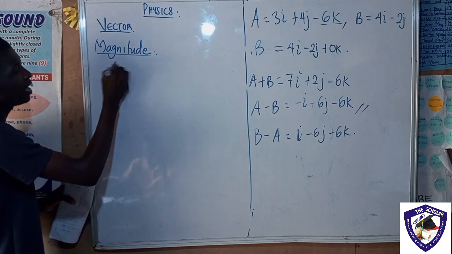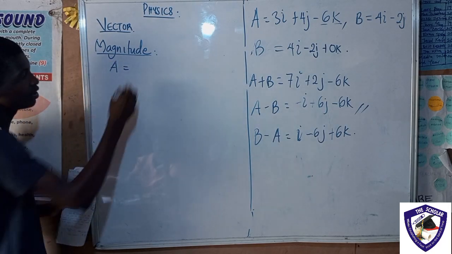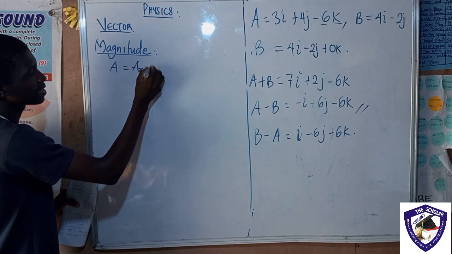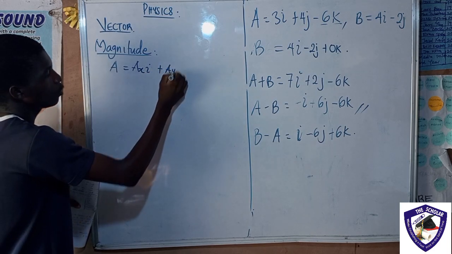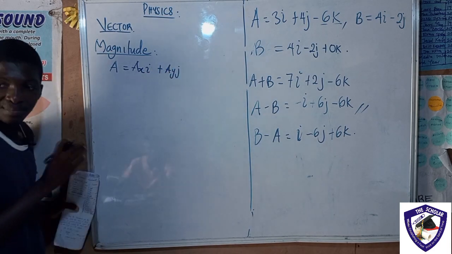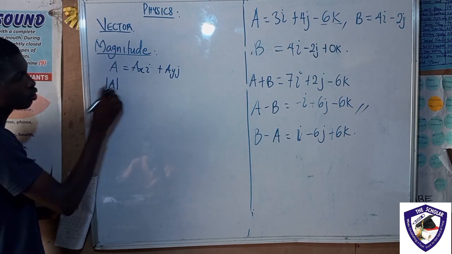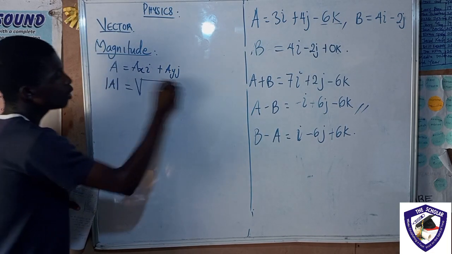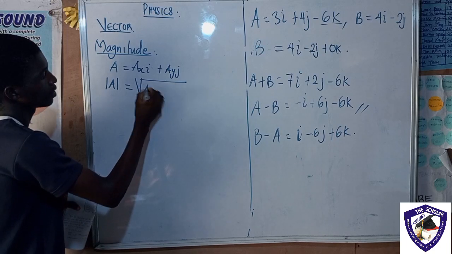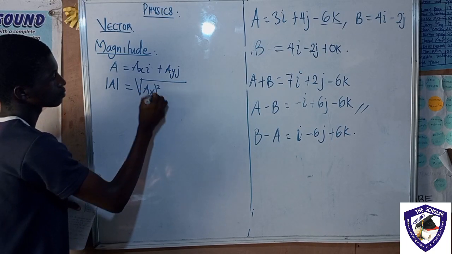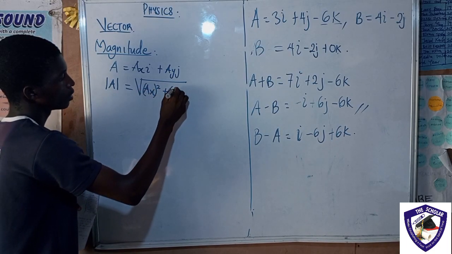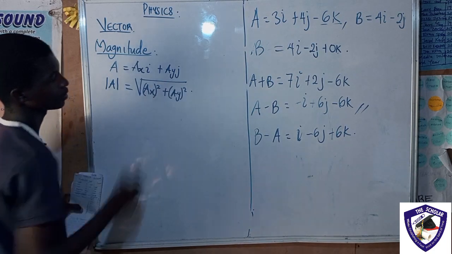When we have vector A equal to a two-dimensional vector, AX i plus AY j, the magnitude of this vector A is written as: the magnitude of A equals the square root of AX squared plus AY squared.